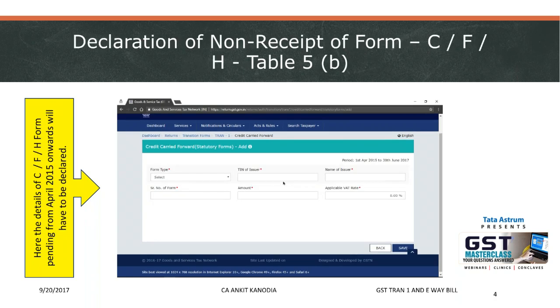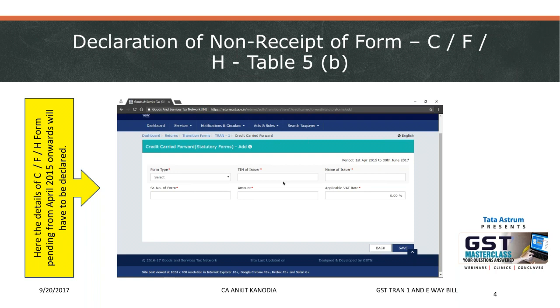Next is column 5B. 5B speaks about details of statutory forms received for which credit is being carried forward. So if you are carrying forward any VAT credit under the GST regime as per the respective state VAT Act, and you have any pending F form, C form, H form or I form pending, then details of such pending forms have to be given.